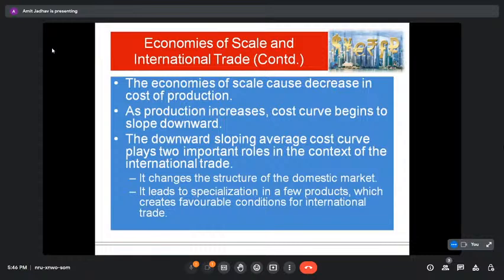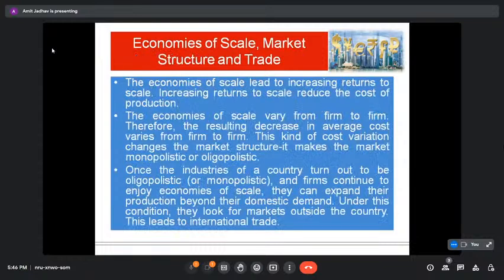So in economies of scale, it changes the structure of the domestic market and leads to specialization in a few products, which creates the favorable condition for international trade for a particular country because of economies of scale. So: economies of scale, market structure, and trade. We try to understand that economies of scale lead to increasing returns to scale, and increasing returns to scale reduce the cost of production. We already discussed that.